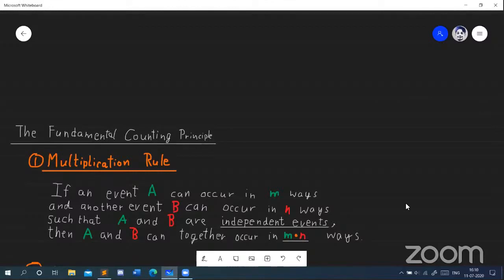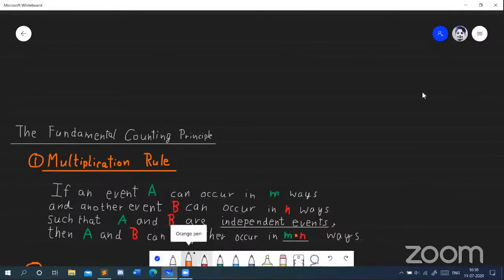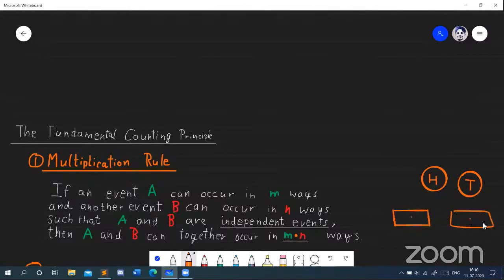What that means is, if I were to flip a coin and roll a die, then when I flip a coin, I have two possible outcomes: a head or a tail, right? I can either get a heads or I can get a tails on a coin. And on a die, I can get either 1 or 2 or 3 or 4 or 5, right?